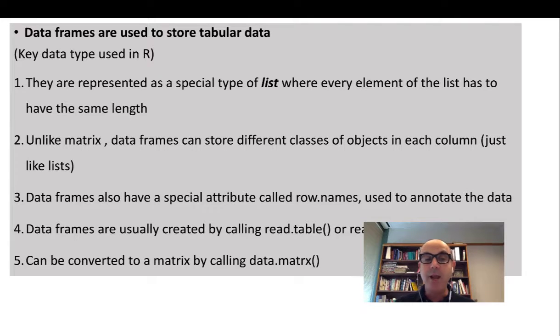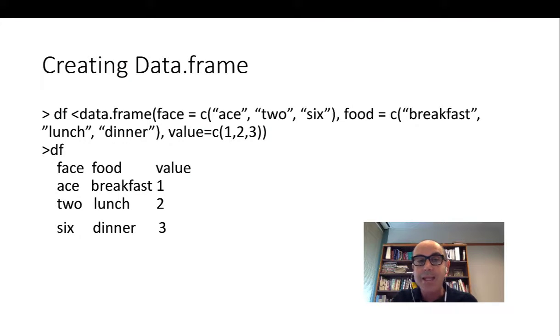The data frame is also used with read.table or read.csv, so when the data is already stored on your machine, you can convert it into a data frame and call it anytime.